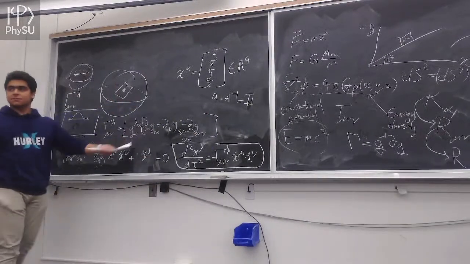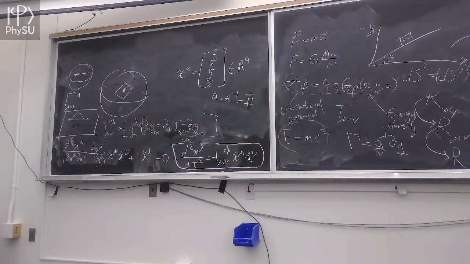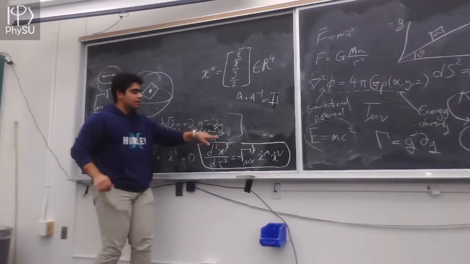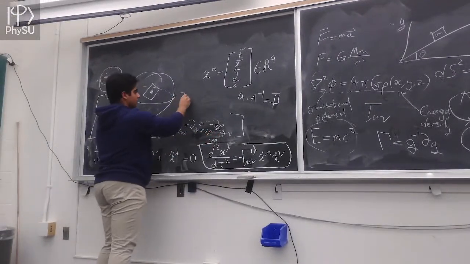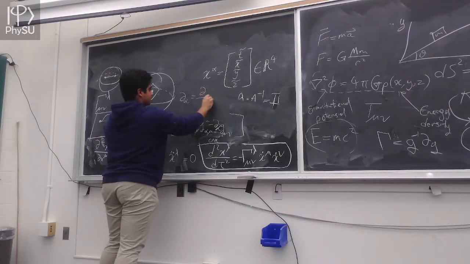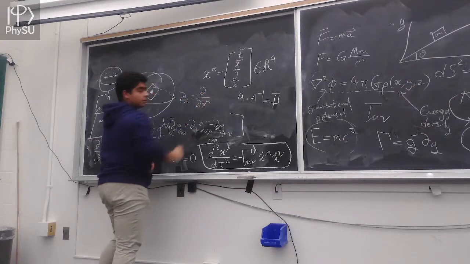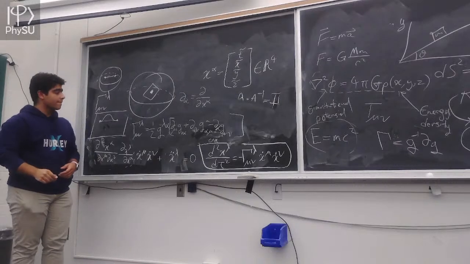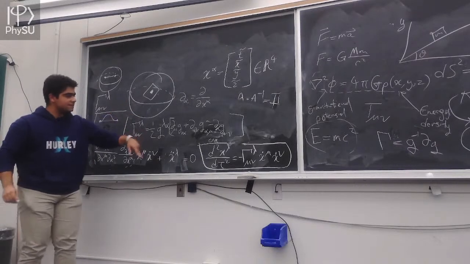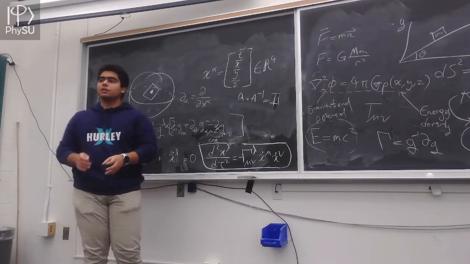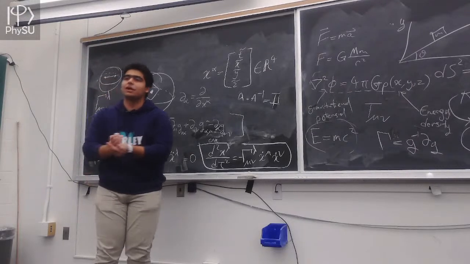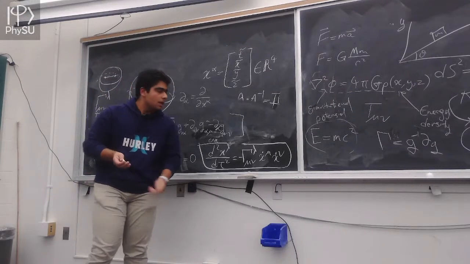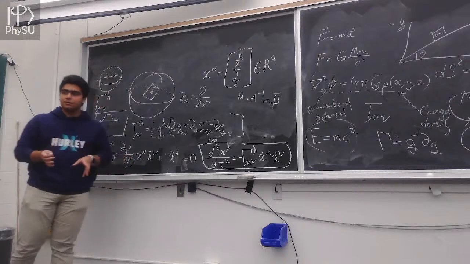So this is a Christoffel symbol, and these are just derivatives, okay? This is just a shorthand for saying this. So the Christoffel symbol and the affine connection, mathematically, they're not exactly the same objects, but they're very, very close.